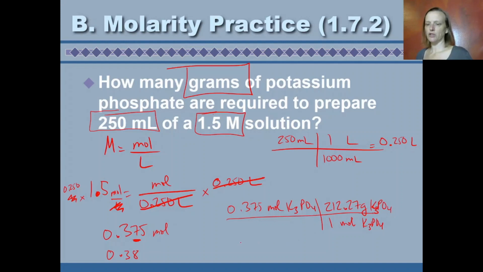And when you do the multiplication, your calculator gives you the answer of 79.601 grams. And rounding to 2 sig figs, that will round off to 80 grams of K3PO4.